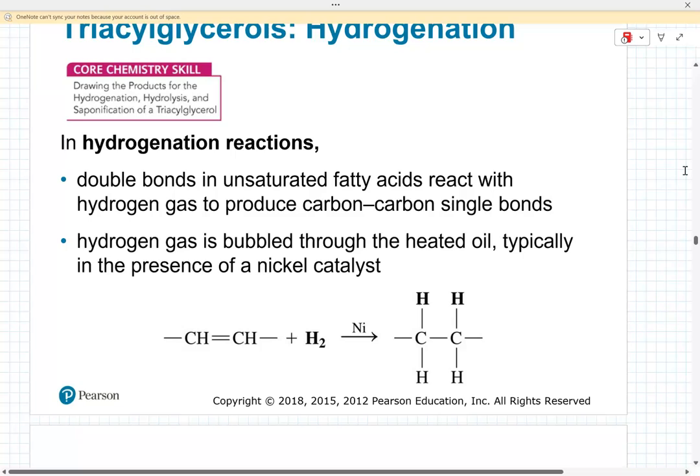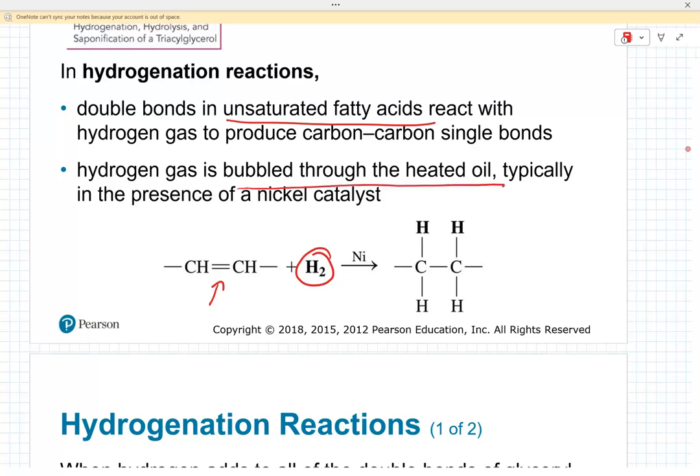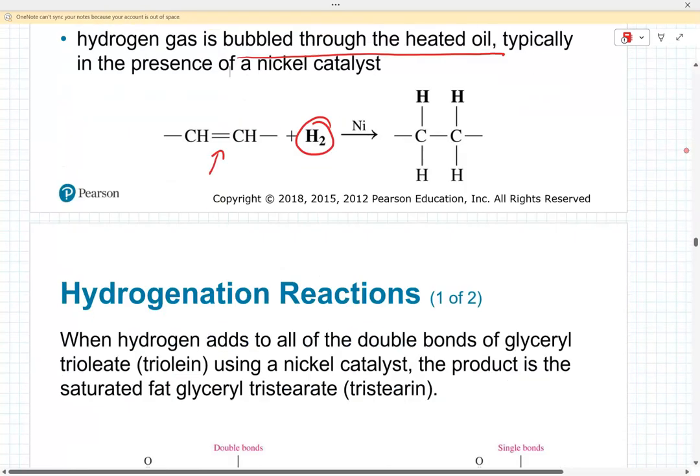So, if you have a double bond, you can treat it with hydrogen and saturate it. So you essentially can convert unsaturated fatty acids into saturated fatty acids by bubbling hydrogen through the hot oil.